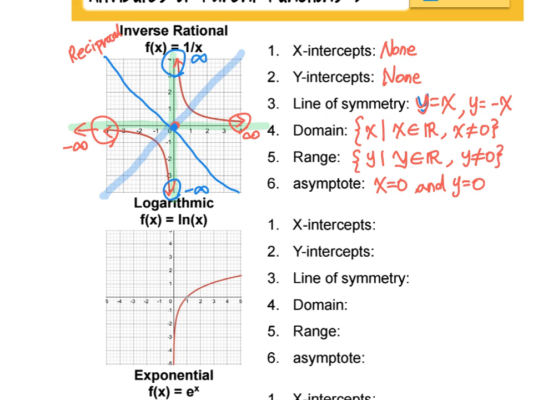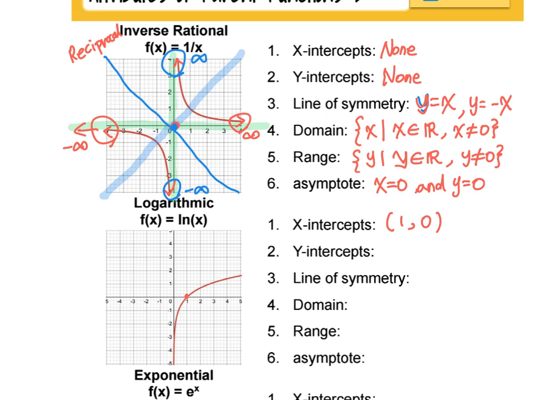Good job, guys. We're almost done. Logarithmic function, f of x equals ln x. ln means natural logarithm. The x-intercept is right here. As you can see, that is when x is 1, y is 0.